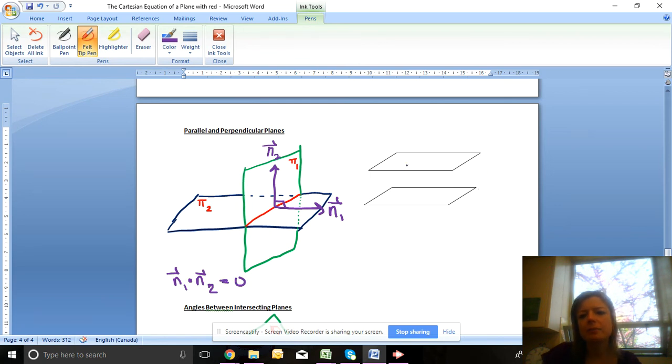Now, if you have 2 parallel planes, here's the normal of plane 1, and here's the normal of plane 2, then these will be parallel. They will be scalar multiples of each other if the planes are parallel.